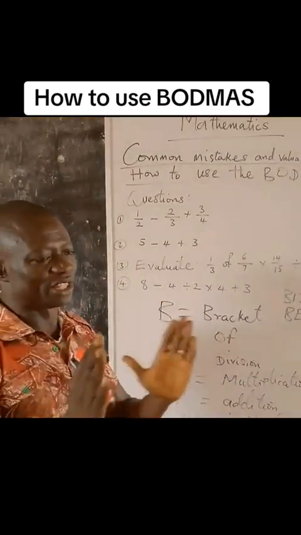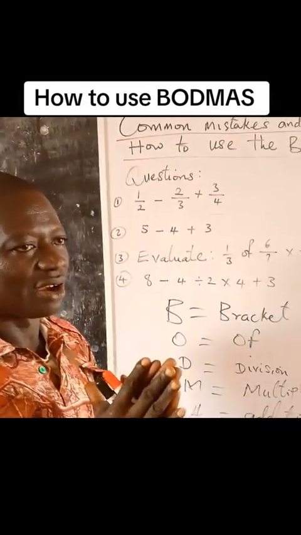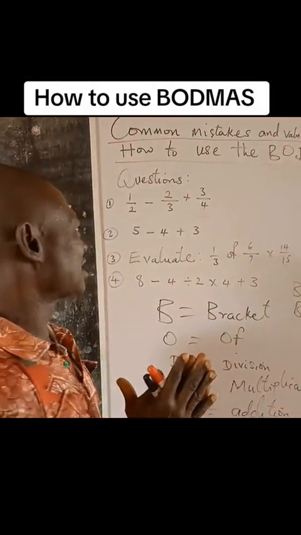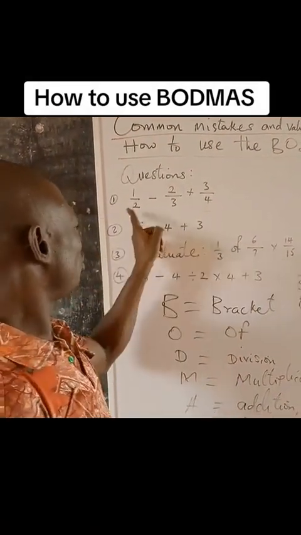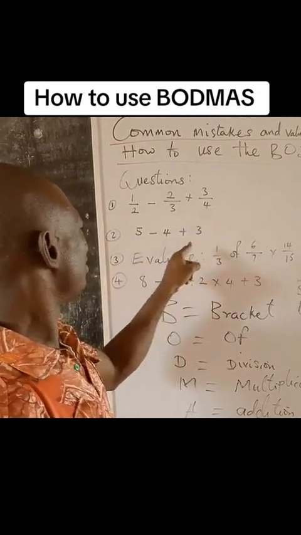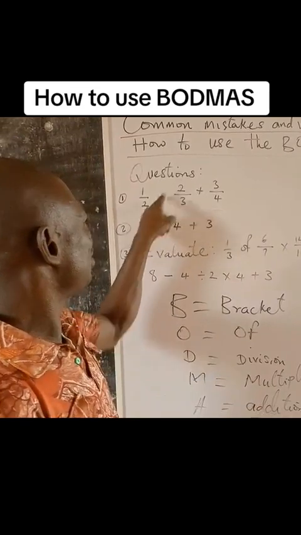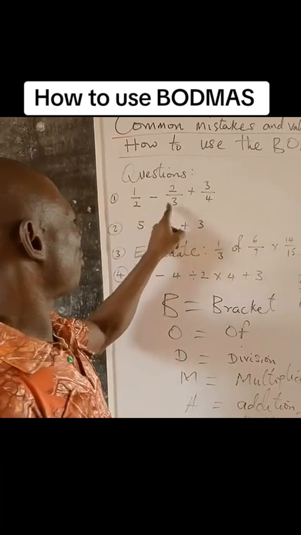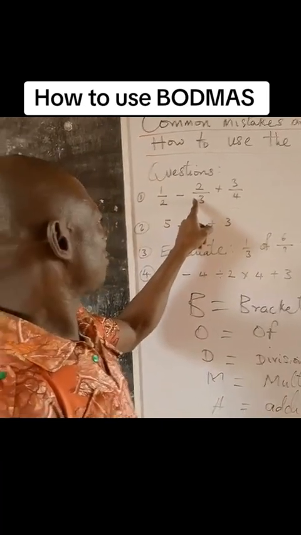Either you bring them together or you add them according to their signs. If you don't take all of them together, you can bring the positive numbers: half is positive, 3/4 is positive, you add before you now subtract.